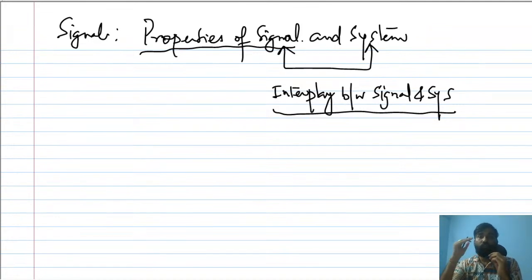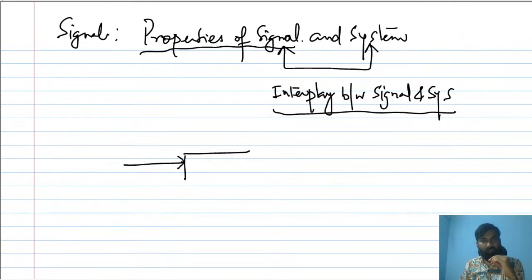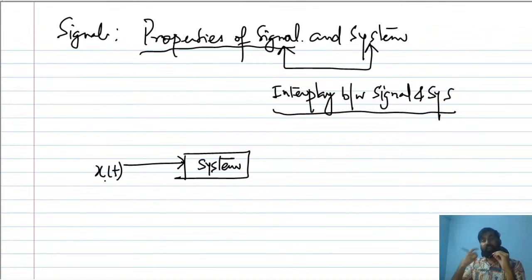So in signals and systems, we will see how signal and system interact with each other and what kind of output they produce. This is very important to understand. What we will do here is take some system and apply some signal. We will define signal.